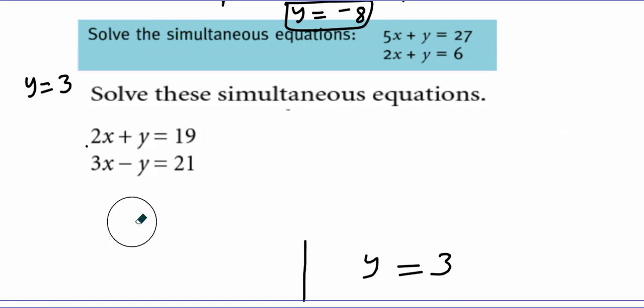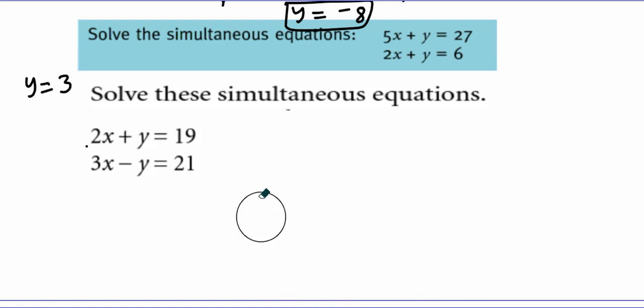Now, to find the value of x by elimination method, we need to remove y. Okay. To find the value of x, we need to remove y. Now, remember what I said?